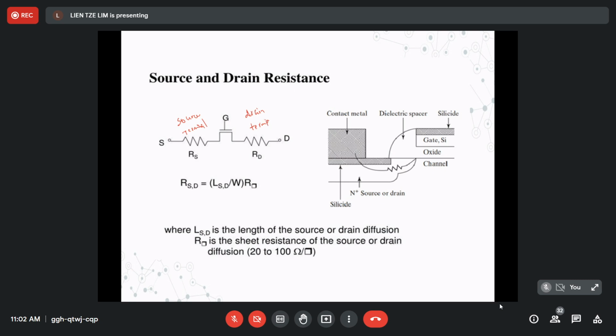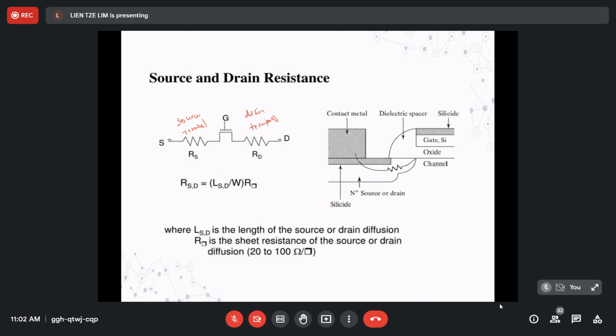This diagram didn't show any diffusion area, but we should know there is a diffusion area if we draw it in another diagram, which is a physical diagram in 3D. So there is a diffusion area.